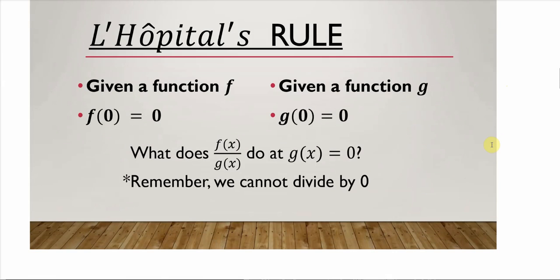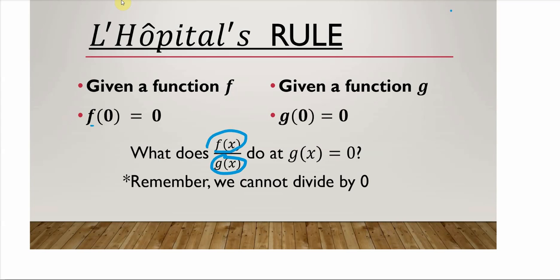Now, what does L'Hôpital's rule mean? What it means is, let's pretend I have a function f of x and g of x. So I have a function on top here, which is f of x, and g of x down at the bottom, right? And we're going to get f of 0 equal to 0. So we're going to actually end up getting 0 on top and 0 on the bottom.